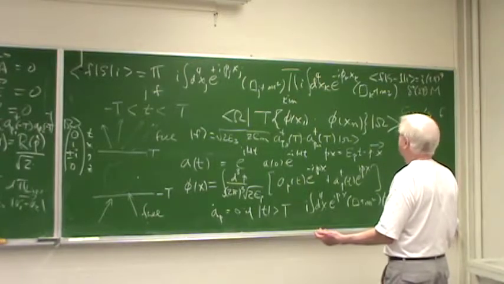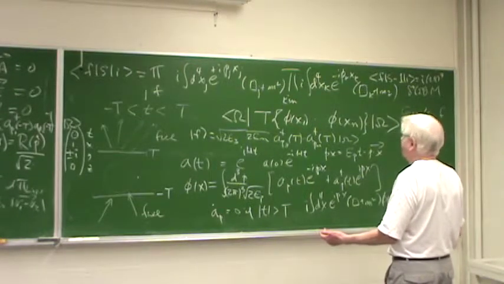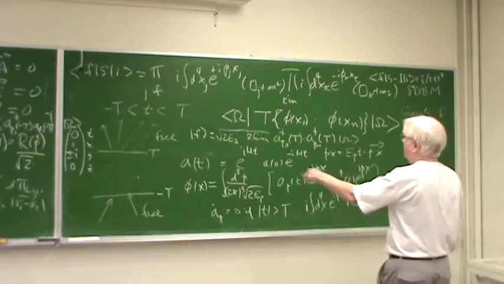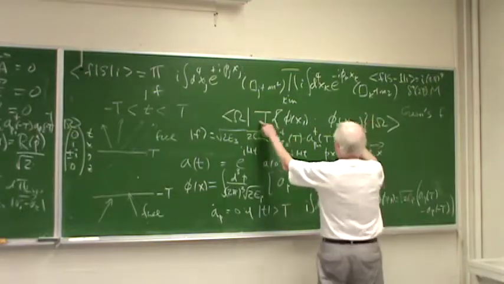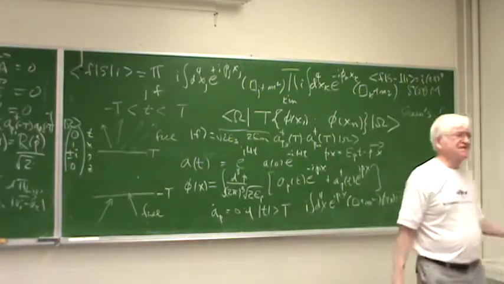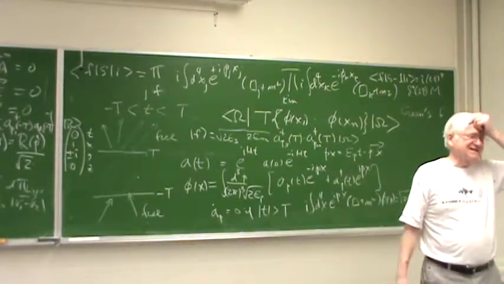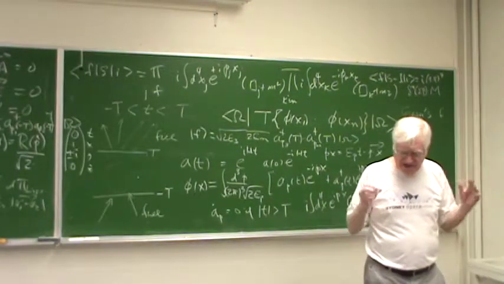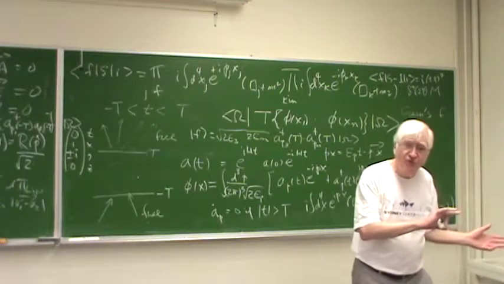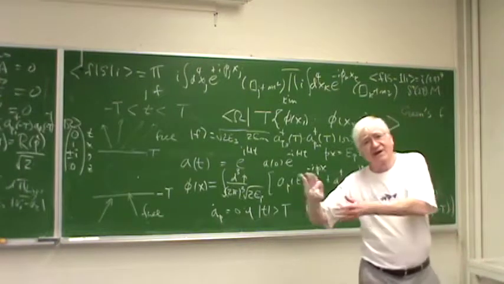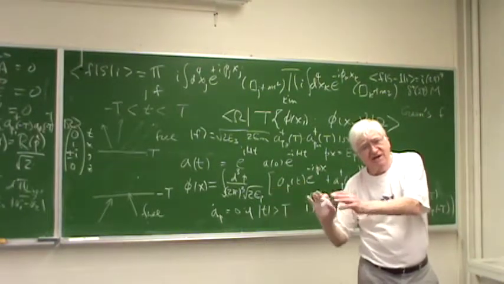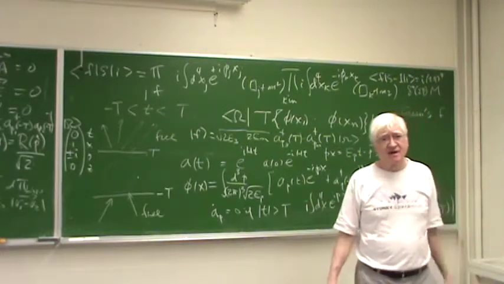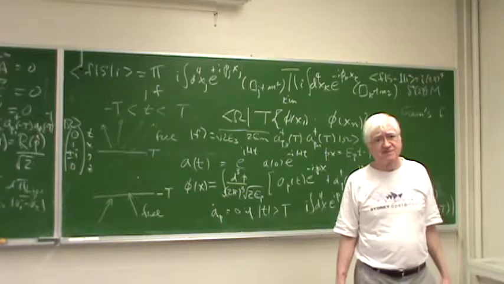So we started out by saying, well, I put it in there, but the time ordering, I guess, is that we need the time ordering basically to move the initial state operators to earlier times and the final state operators to later times. That's basically what the role of time ordering is.